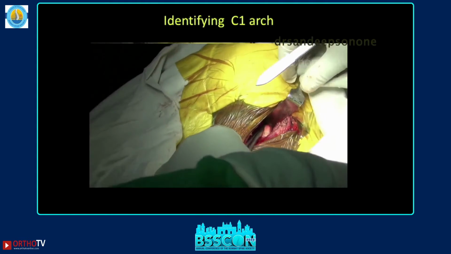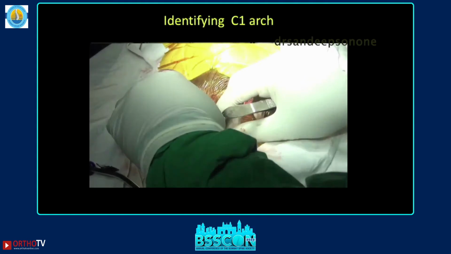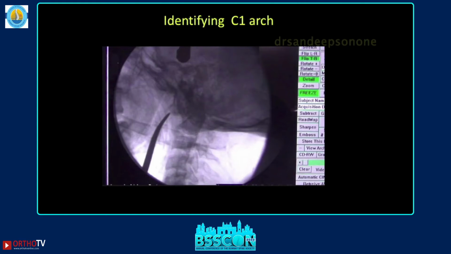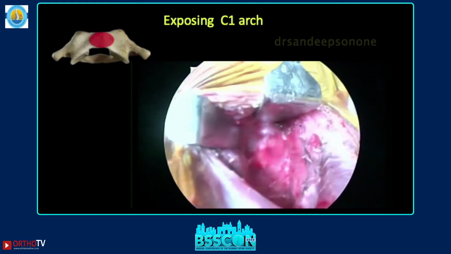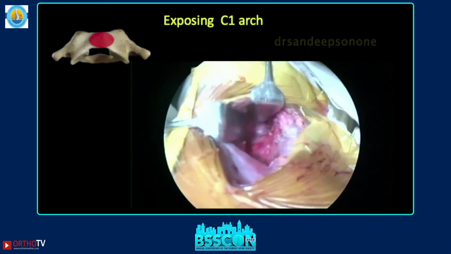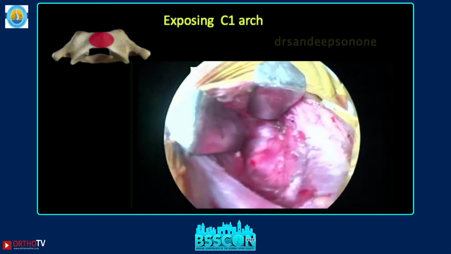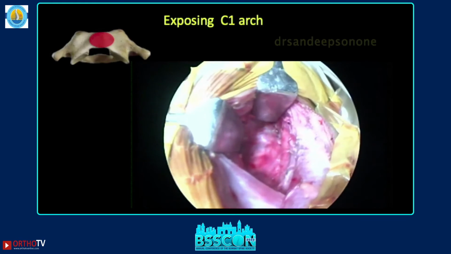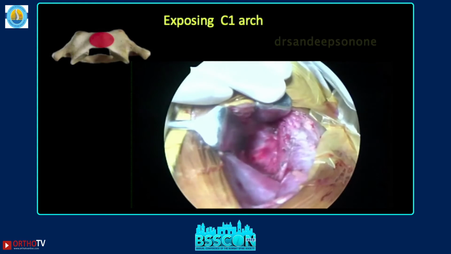The C1 arch is marked and then confirmed on the C-arm image. So that's the C1 arch which I have exposed. As I said, a longitudinal incision definitely helps, puts less pressure on the soft tissues which are retracted medially quite severely.